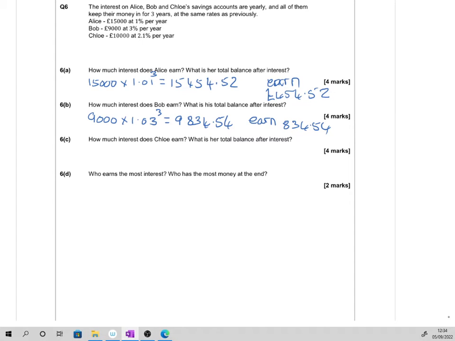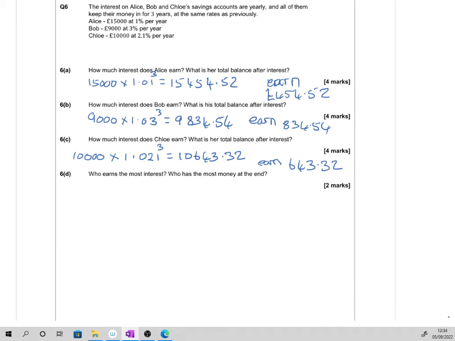And Chloe's got £10,000 times 1.021 cubed, and that is 10643.32, and the difference between those numbers is what she earns, 643.32.